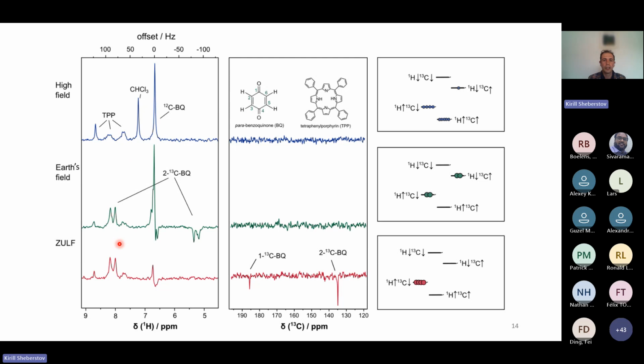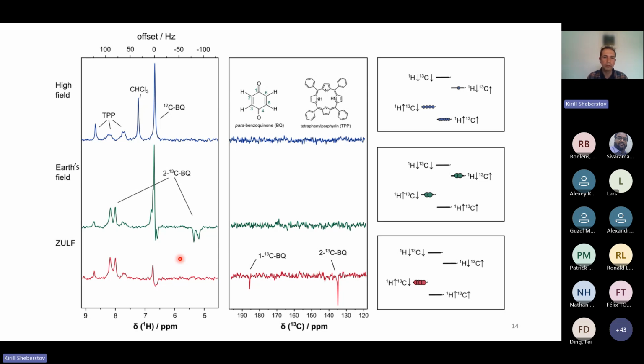Importantly, all this work was done on natural abundance benzoquinone, and we see that the hyperpolarization levels are pretty high, reaching several hundreds, allowing us to detect carbon-13 spectra and carbon-13 satellites in proton spectra of benzoquinone at millimolar concentrations with a benchtop NMR, which is a pretty good result, I would say.